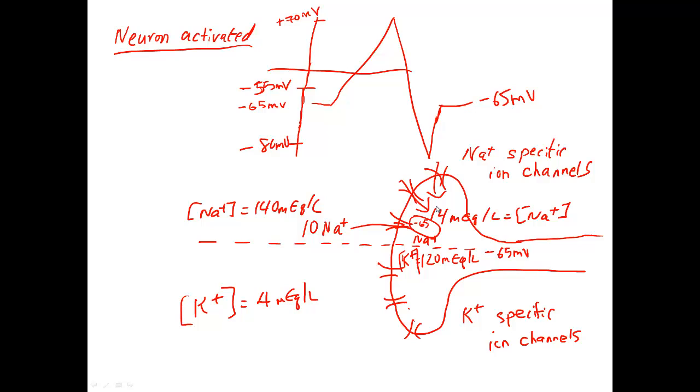So every time you have a sodium ion that moves from the extracellular environment to the intracellular environment, you're going to keep on moving up along this curve. And over here, you get to a point where you've built up enough positive charge on the intracellular side of the plasma membrane that no more sodium ions want to come in.